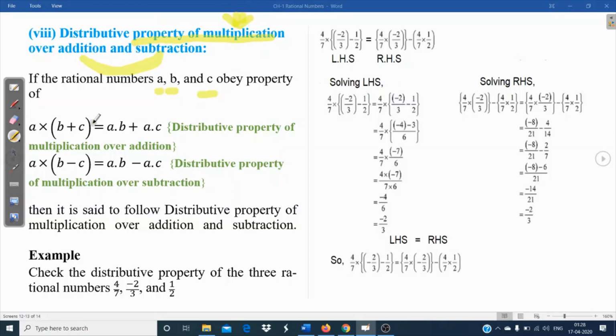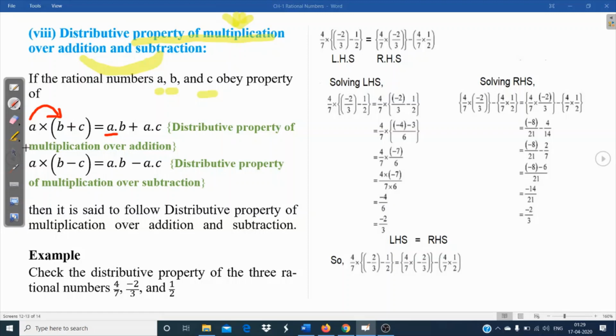Now we have three rational numbers a, b, c. A multiplied by b plus c together, this is written in the bracket. If we multiply a by b, what do you get? ab.